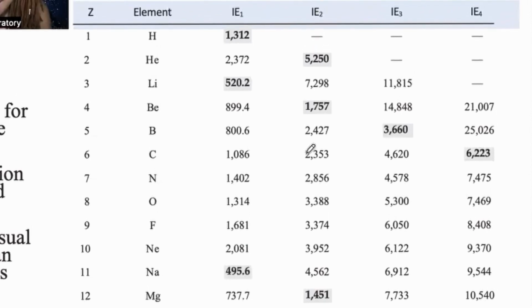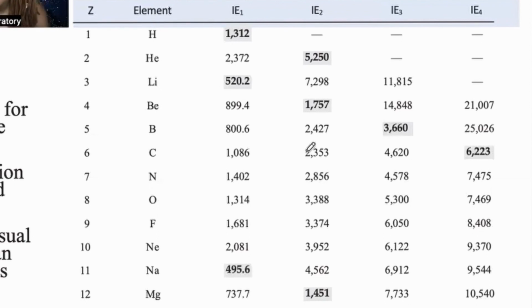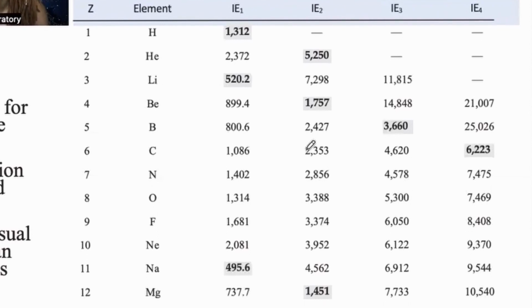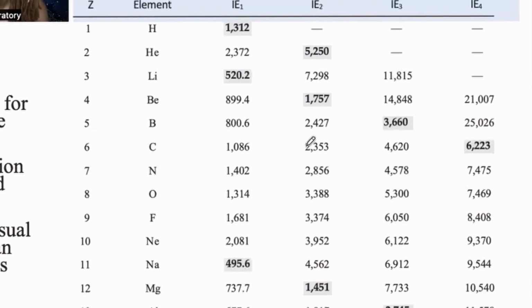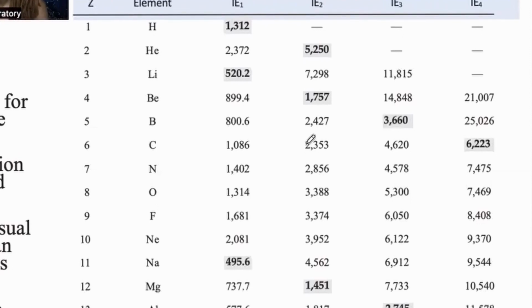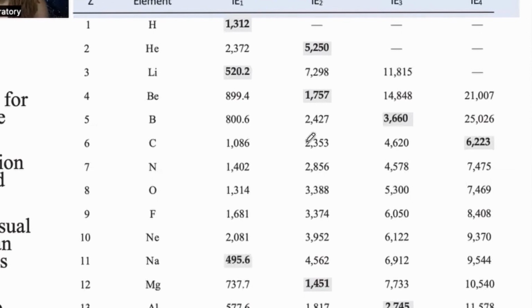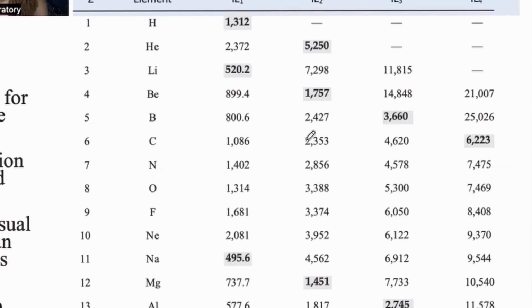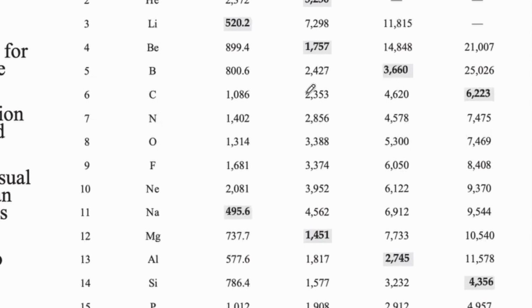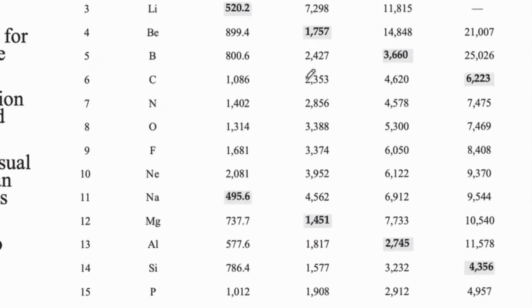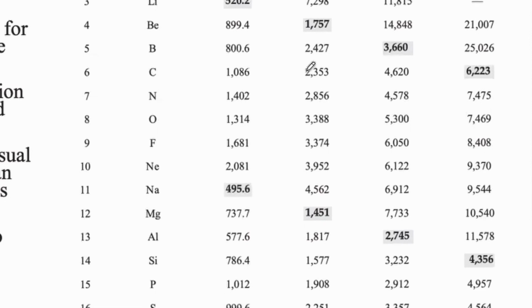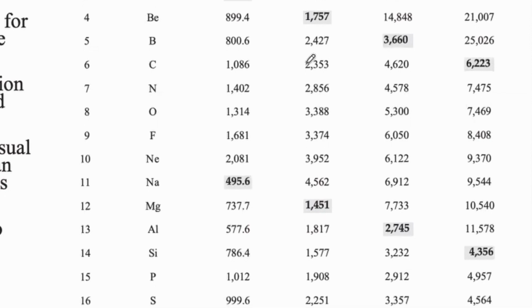So here are the first 4 ionization energy levels, all in kilojoules per mole, for the elements of the first 3 periods. The ionization energy values shown shaded in the cell with bold involve removing the last electron from a particular shell. Further ionization requires removing an electron from a more stable filled shell, and this leads to a large increase in ionization energy.